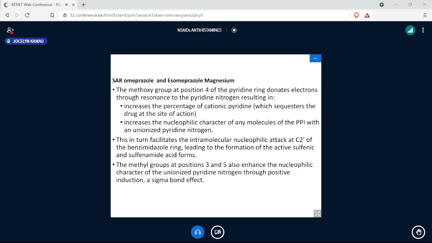They have high lipid solubility, penetrate the parietal cell membrane well, get into the cell, are trapped there, activated there, and their activity is there, and therefore they are highly effective, because they are activated very near the site of action.